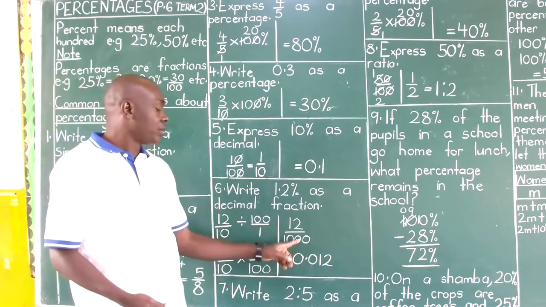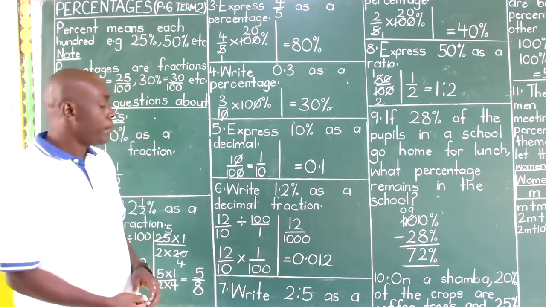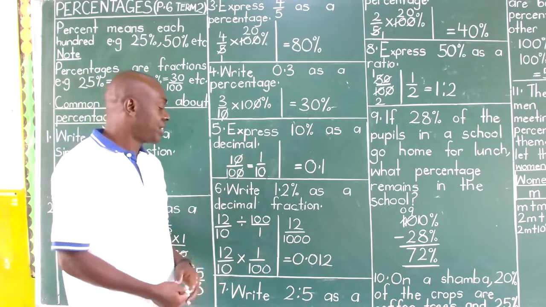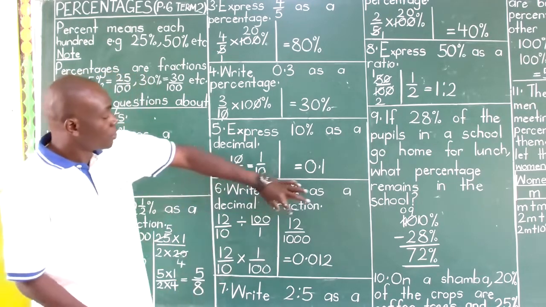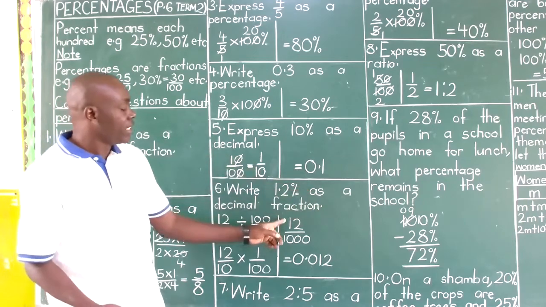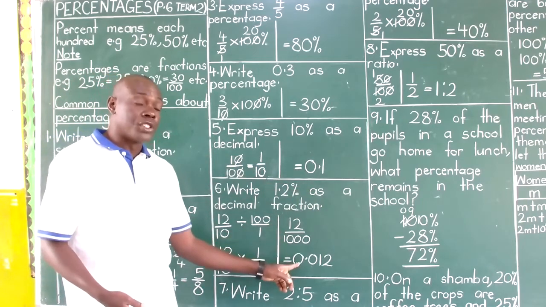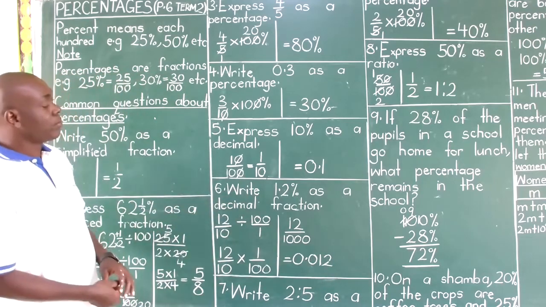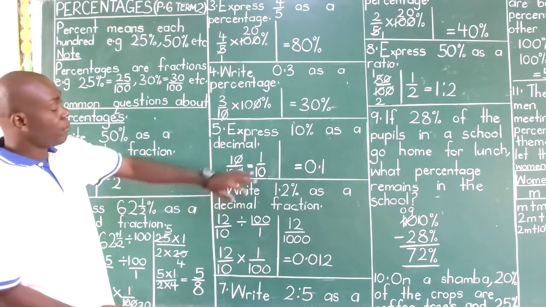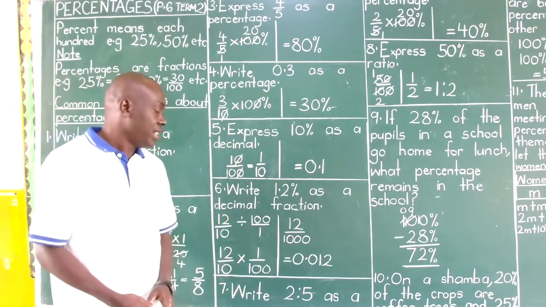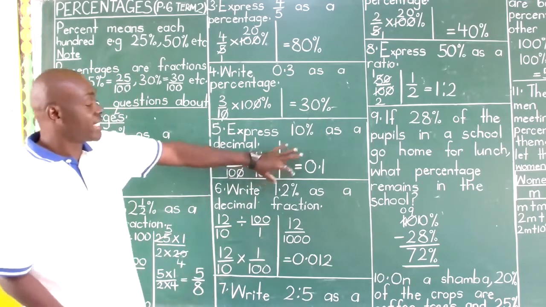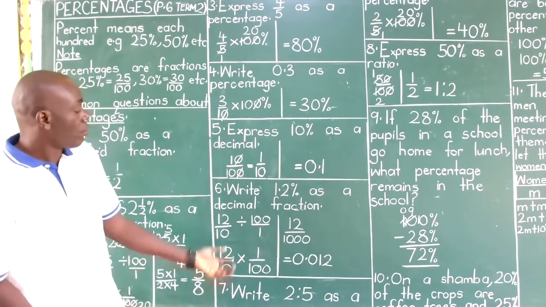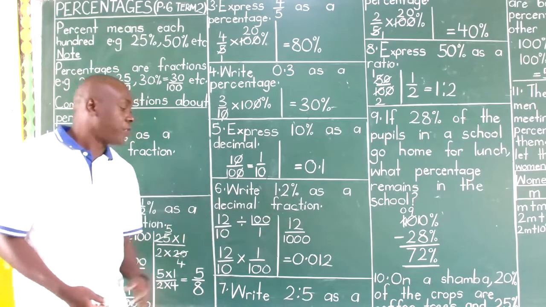So we shall have 1, 2, 3 decimal places, or digits after the point. So I've got 2 already, 1 and 2, meaning 0 will lead. That's why I've got 0.012 as the decimal fraction arising from 1.2%. So that's how we deal with a decimal percentage being converted to a decimal fraction.